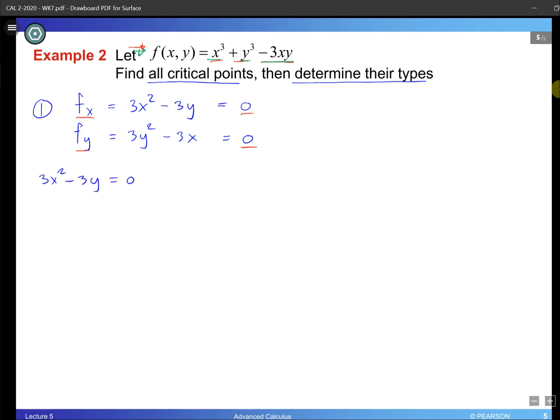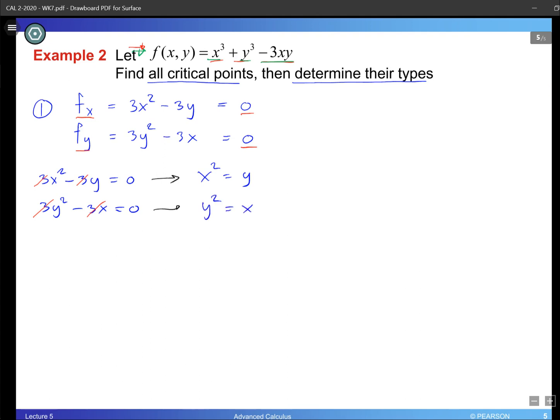Second equation: 3y squared minus 3x equals 0. And I am going to divide both equations all the way through by 3, and this 3 is going to go away. So here we get x squared equal to y. And then for the second equation, we have y squared equal to x.